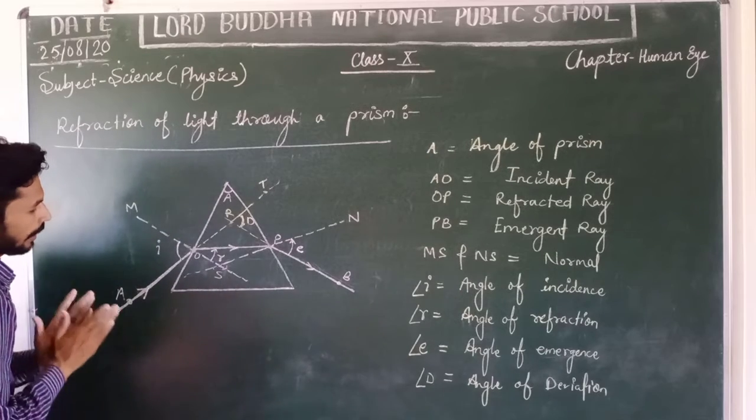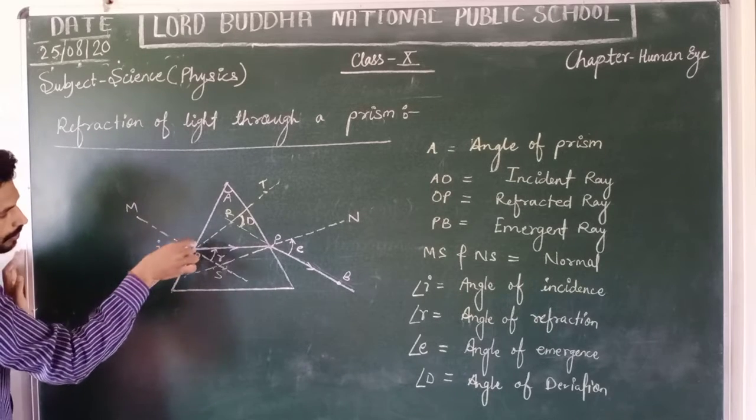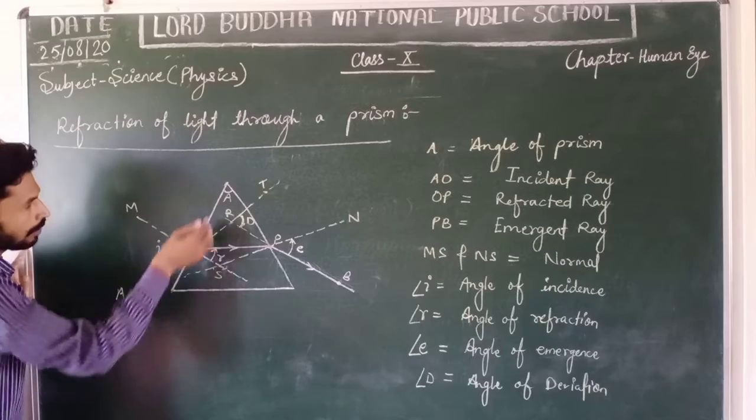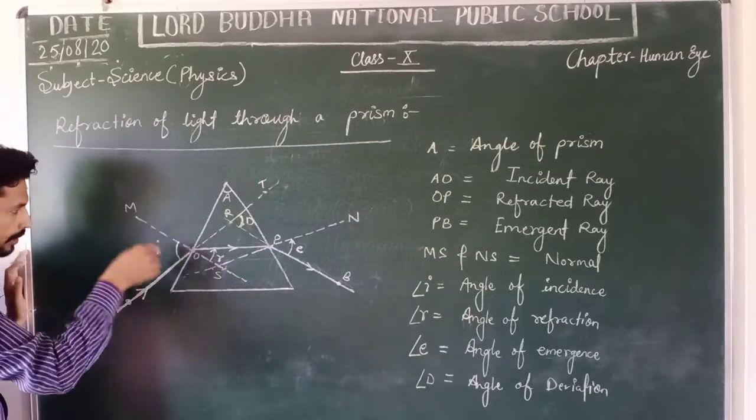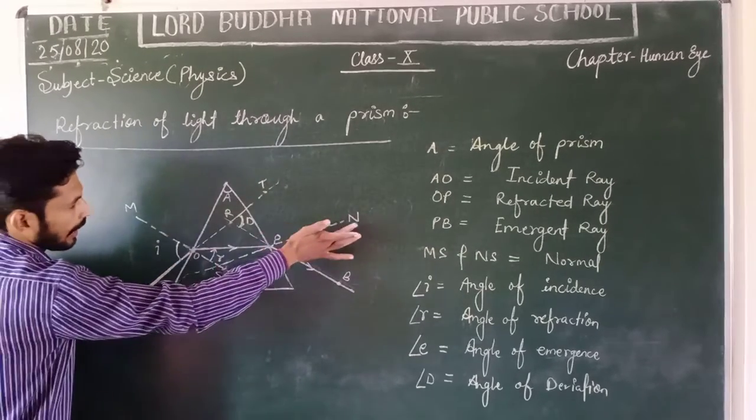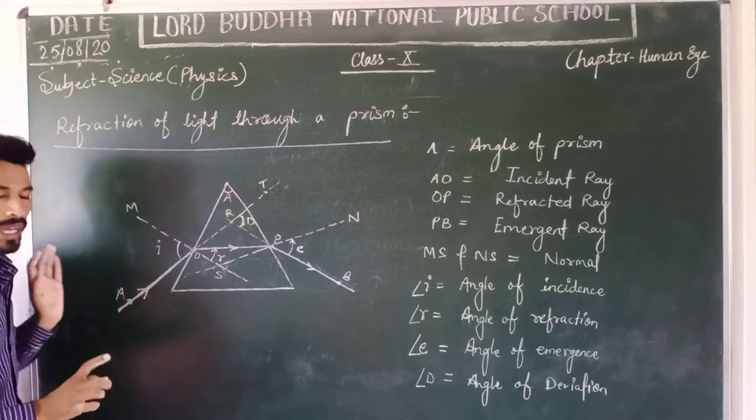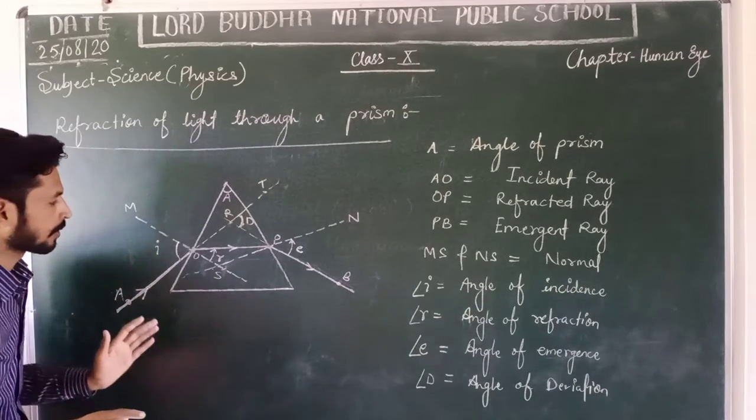Now, if we draw a line perpendicular to the surface of the prism, that is MS and NS, it is called the normal.